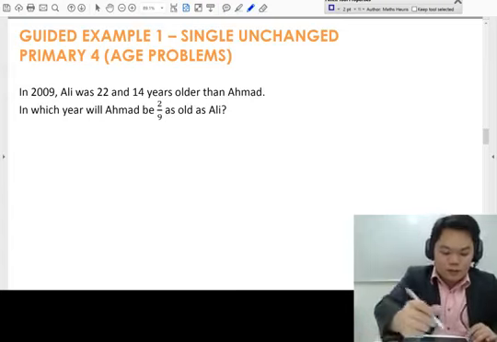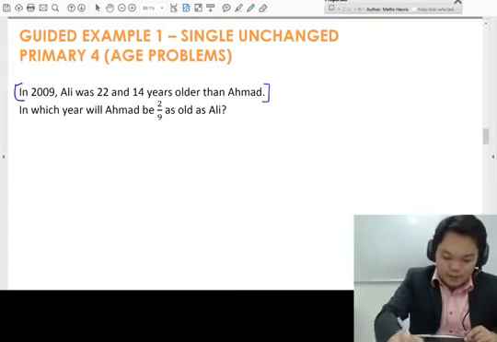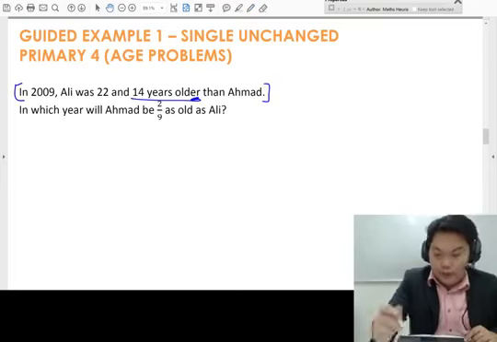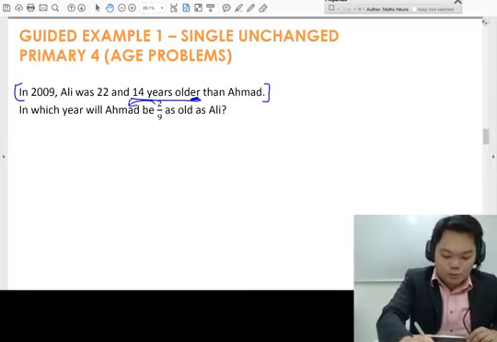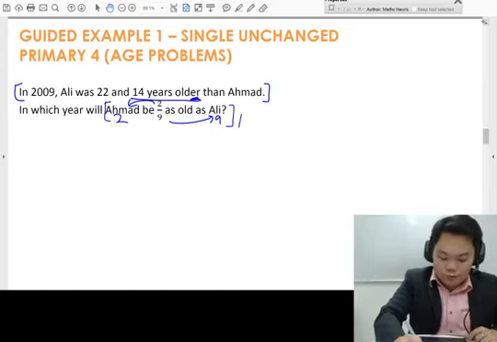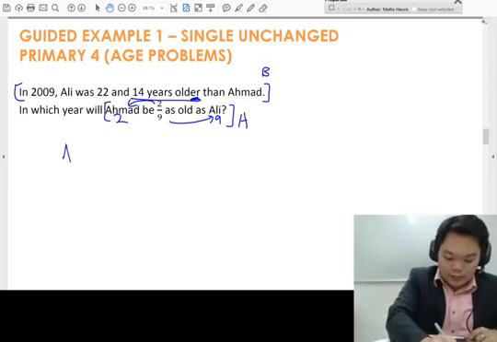So in year 2009, Ali was 22 years old and 14 years older than Ahmad. So in which year will Ahmad be 2/9 as old as Ali? Okay, so this is the after result that we are after. This was before. So you got Ali and you got Ahmad.